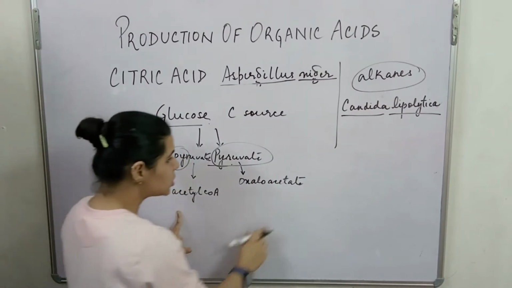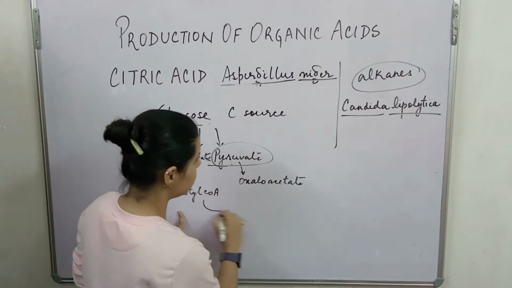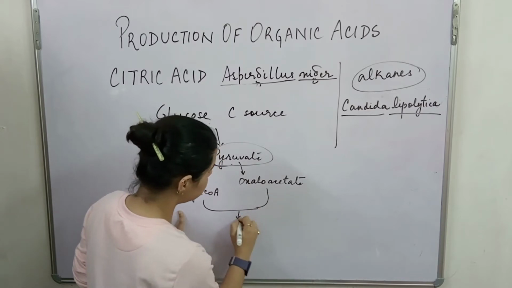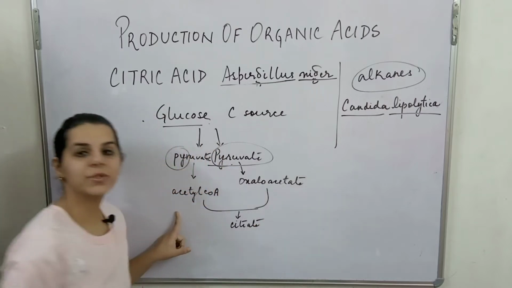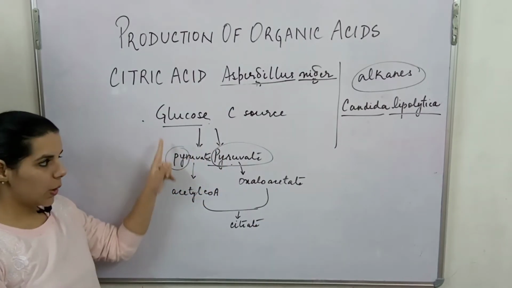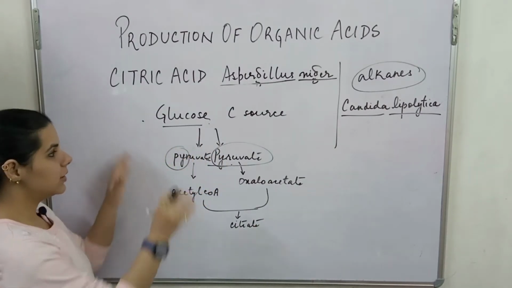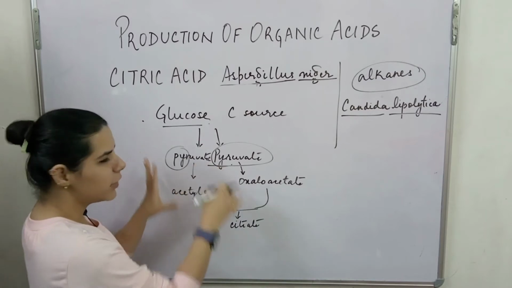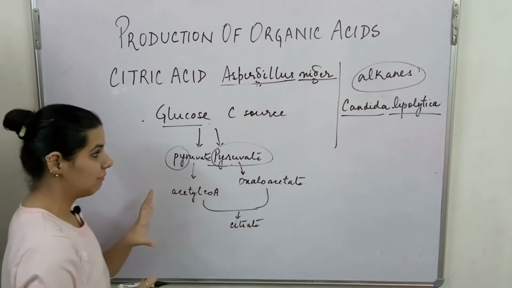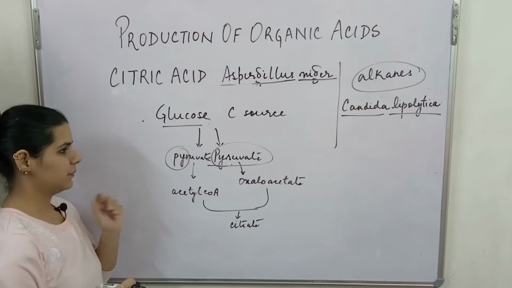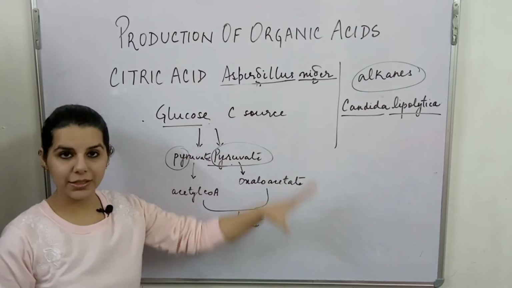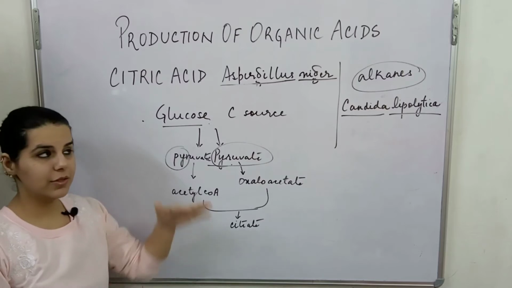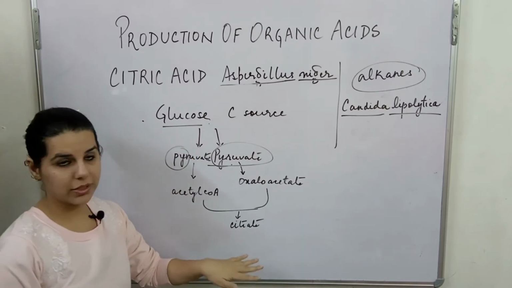Now, when these two, acetyl coenzyme A and oxaloacetate, come together, they will form citrate in the Krebs cycle, right? This is a very fundamental pathway. I haven't given the complete biosynthetic pathway starting from glycolysis to the Krebs cycle.